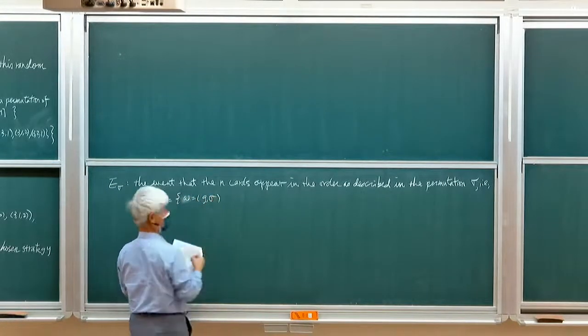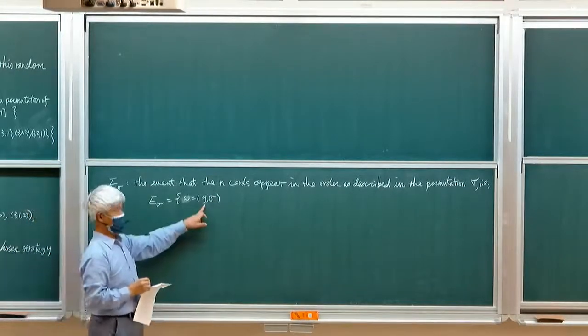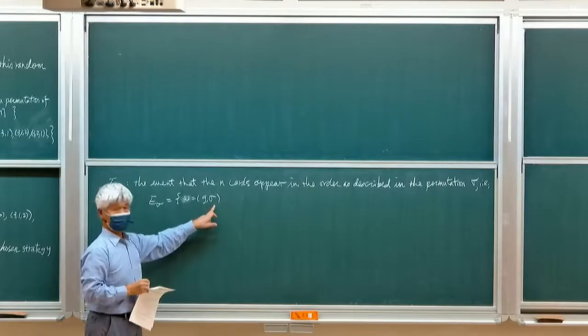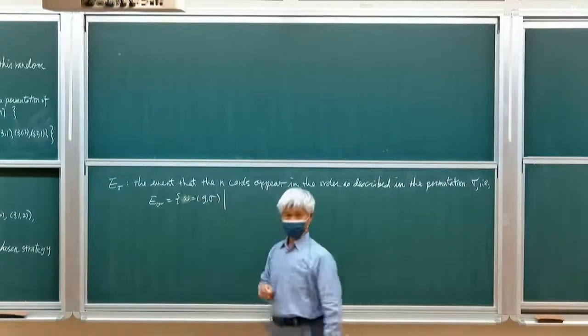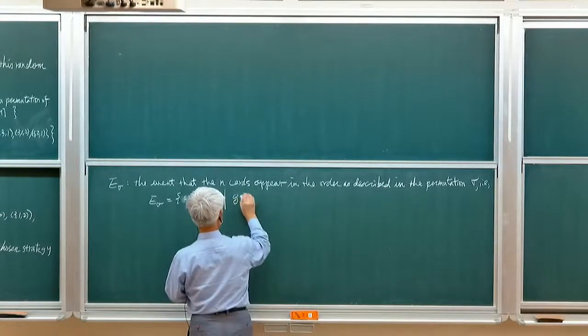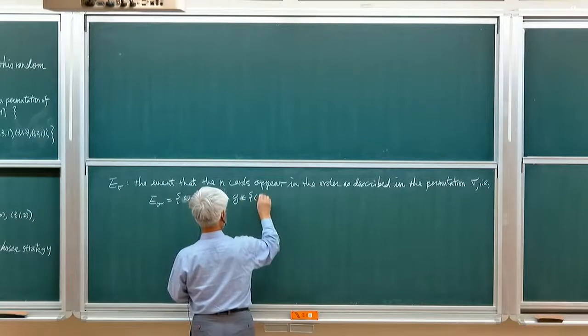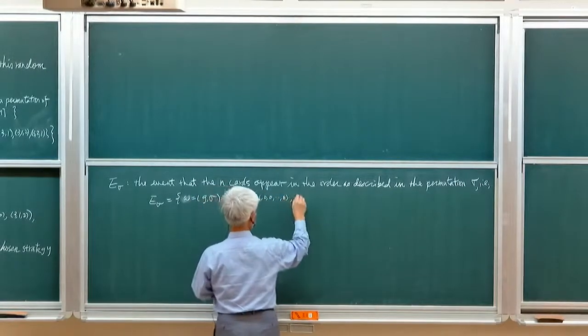As we know, an outcome is just a pair of one guess sequence and one permutation. And the sigma is fixed. So the guess will be in this set.